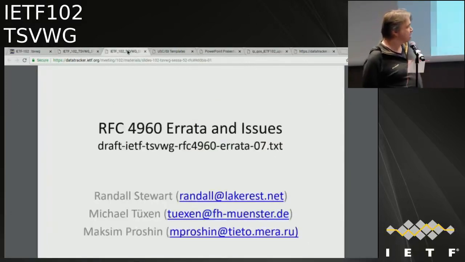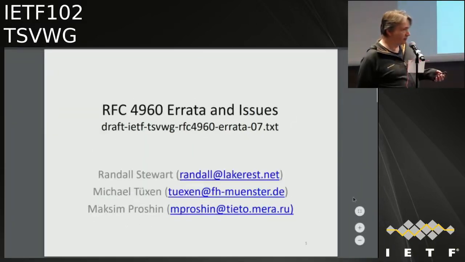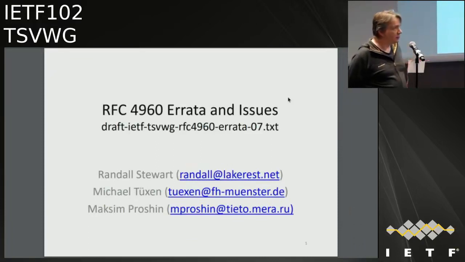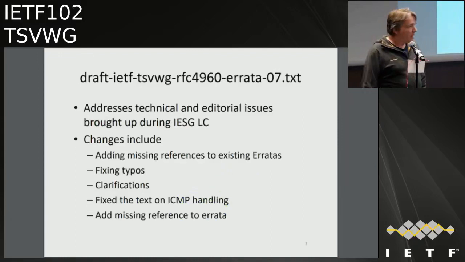Great. Next draft. This is about the document which has left the working group. It's about RFC 4960 errata, which means it talks about issues which have been found since RFC 4960 has been published. The seventh version addresses all technical and editorial issues which were brought up by the IESG last call.